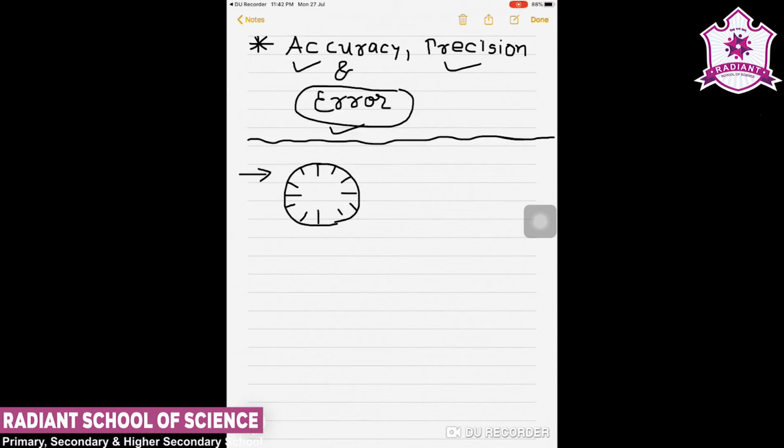So we can show it in this manner. This is the actual time, 10 o'clock. See, suppose we consider that the actual time is 10 o'clock.